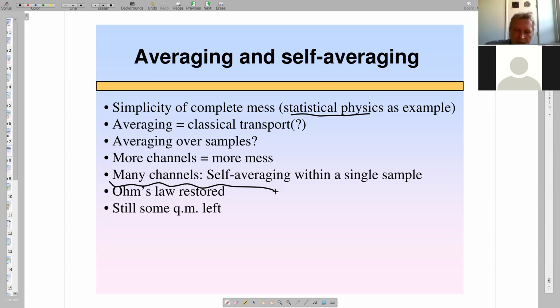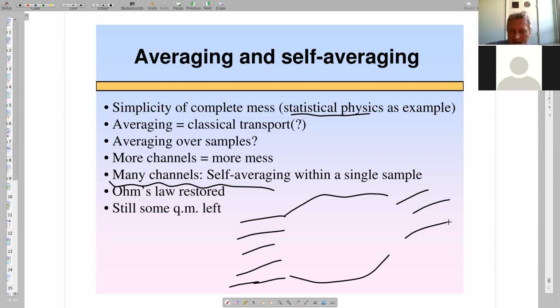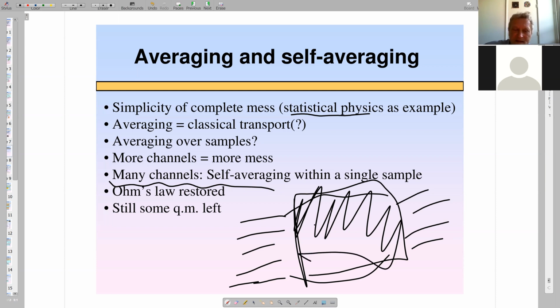Good. So we can consider many-channel structures, and something in between. And for such nanostructures, Ohm's law is completely restored.